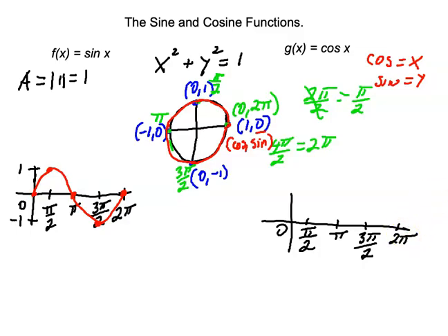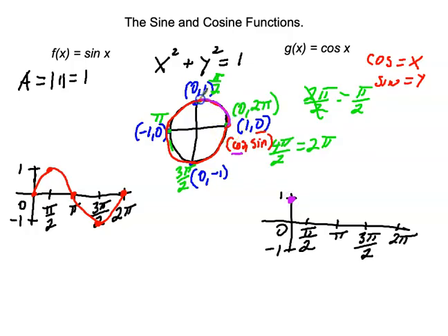And now since we are graphing the cosine function, oops, I forgot the amplitude. So here is 1, the lowest point is negative 1. So for the cosine function, again, cosine starts at 1. So we're going to start at 1 over here.